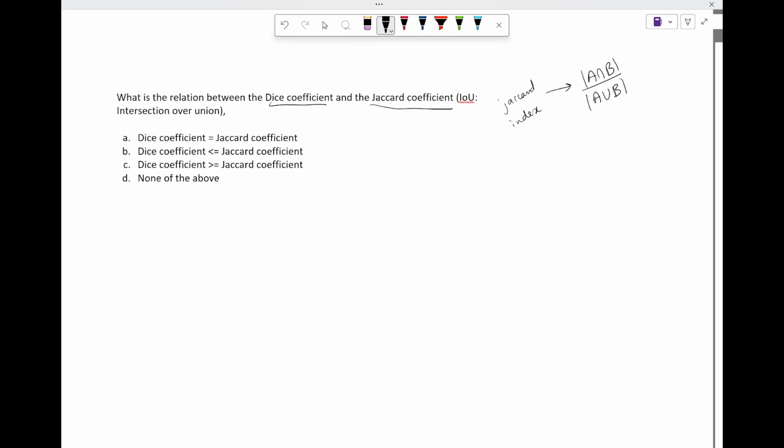So how can we find that out? The Dice coefficient is greater than Jacquard coefficient.